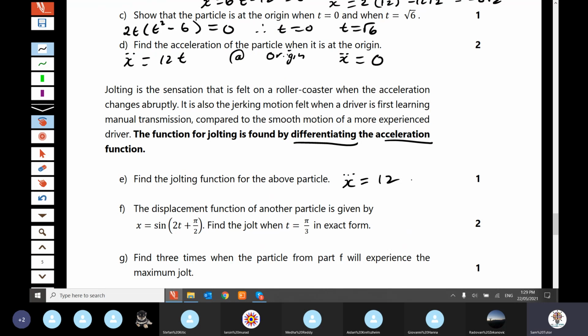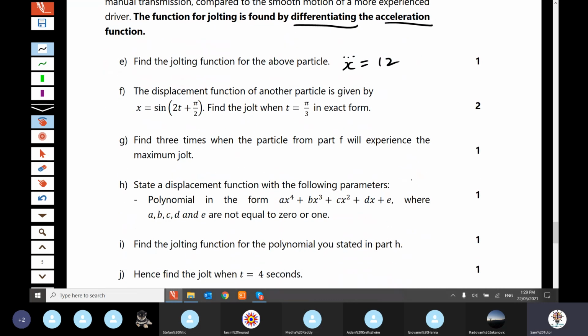All good? The displacement function of another particle is given by this. Find the jolt when t equals pi on 3. Well, x dot is 2 cos(2t plus pi over 2). That's velocity.